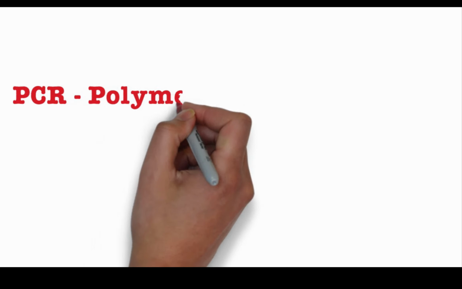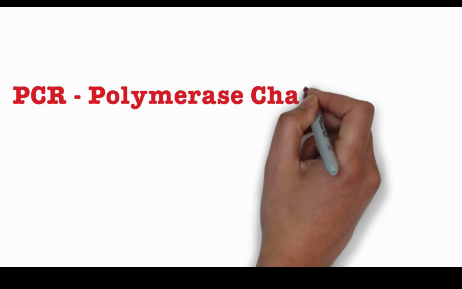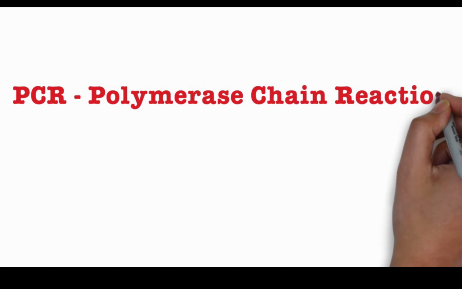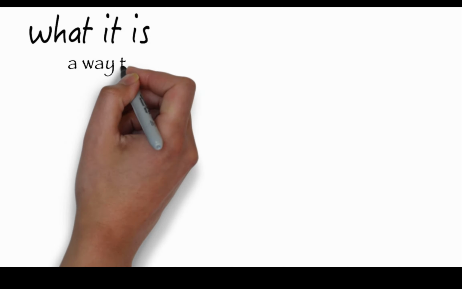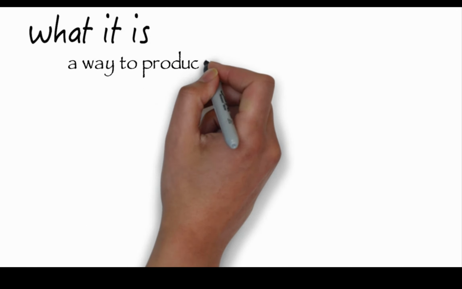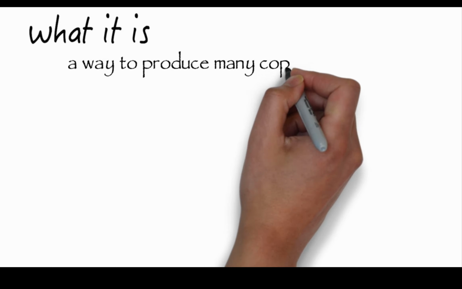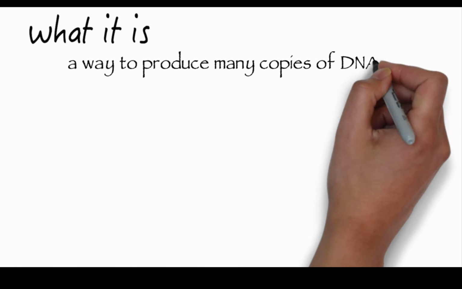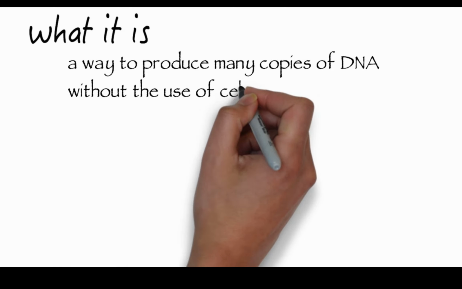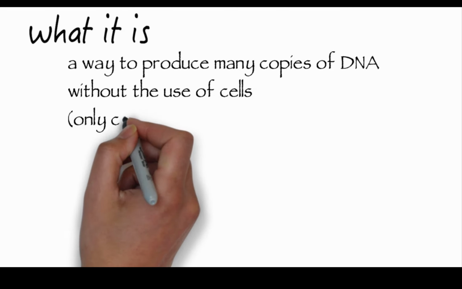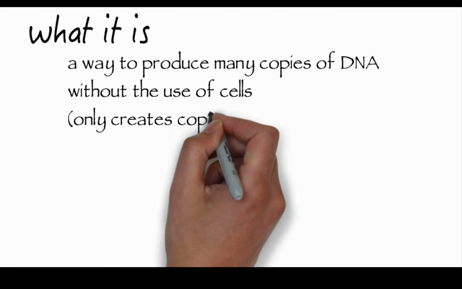Next, let's take a look at PCR, the polymerase chain reaction. PCR is a way to produce many copies of DNA without the use of cells. And it only creates copies of the target sequence of DNA.